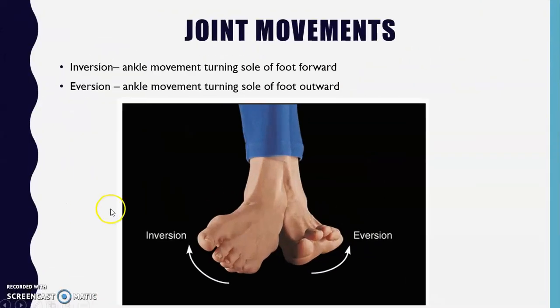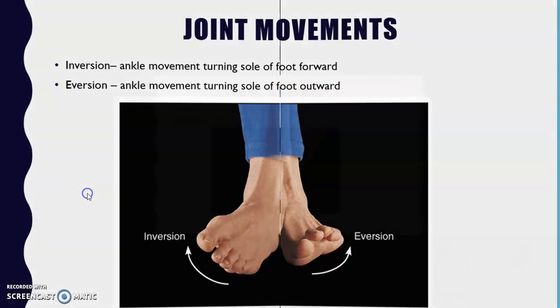Okay, next joint movement, sa paa naman tayo. Ankle movement, turning sole of foot forward, that is known as inversion. Ayan, kapag paloob, inversion yung tawag. Kapag naman eversion, opposite, syempre, turning sole of foot outward. Inversion and eversion.